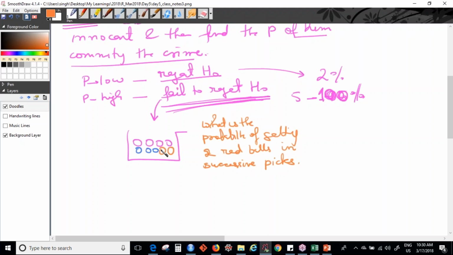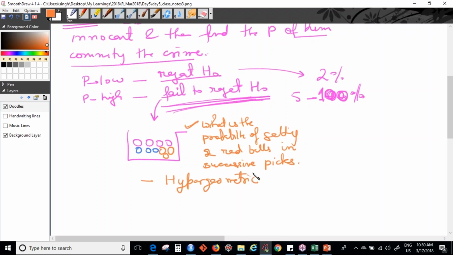So you go on picking balls from here. What is the probability that continuously you get 2 red balls? So let's say you have 3 red balls. So now this is a question which cannot be solved using binomial theorem. Okay, you cannot use binomial theorem to solve this question. In this case, you use another theorem called hypergeometric.